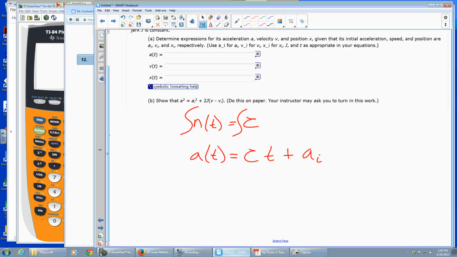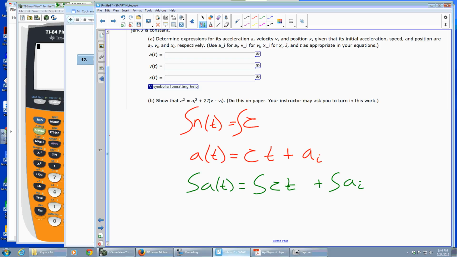And then if I integrate A with respect to time, it means I integrate C T plus the integral of A initial.